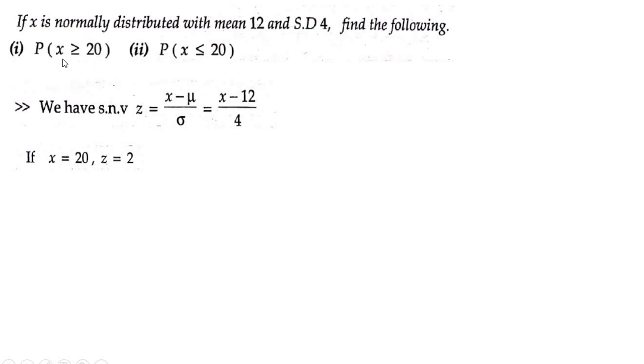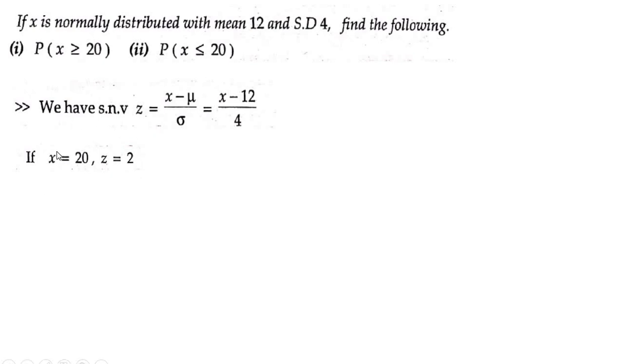For x is equal to 20 we have to find z, because I've already told you that you have to convert a random variable into a standard normal distribution. So we substitute x is equal to 20 and find z.